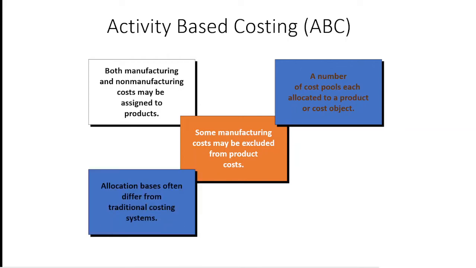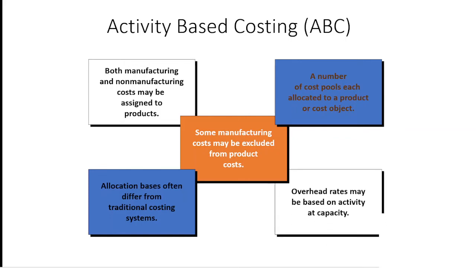Then allocation bases are usually different from the traditional methods, and the overhead rate may be based on the activity at capacity. So we define the capacity, rather than changing the overhead rates every single month based on how much product there is.